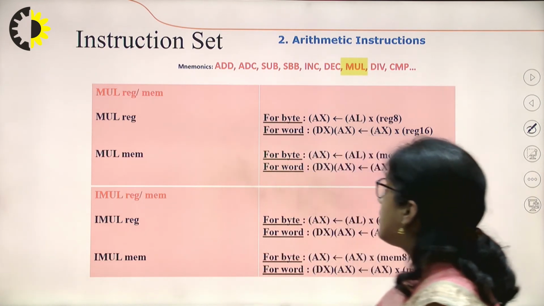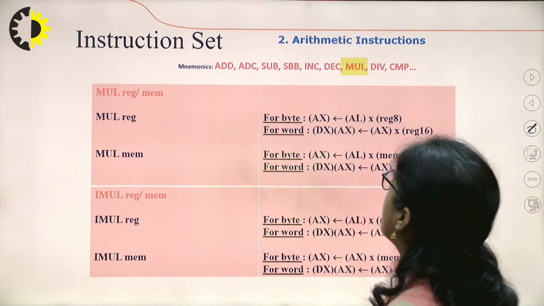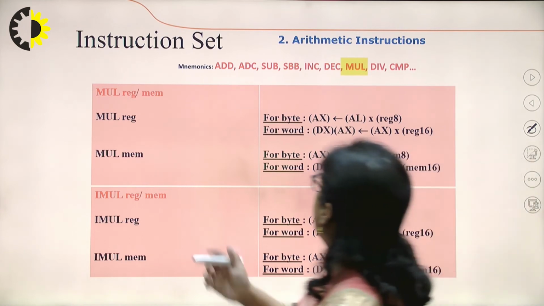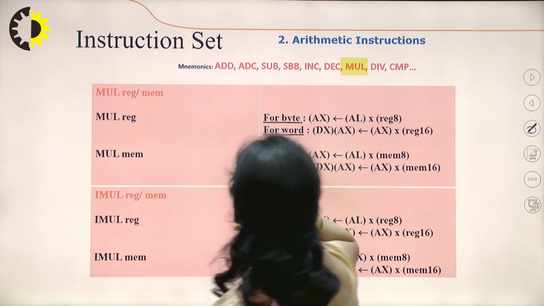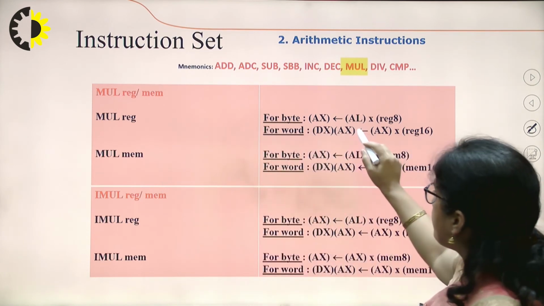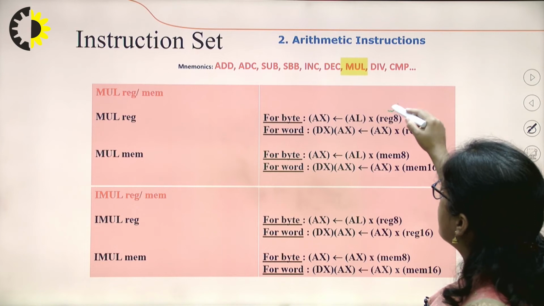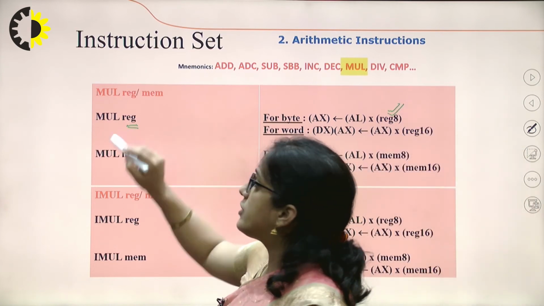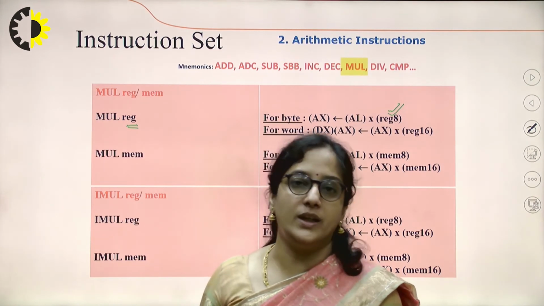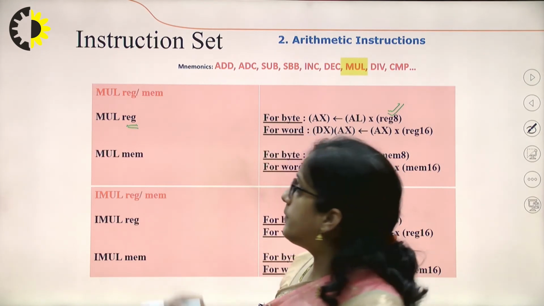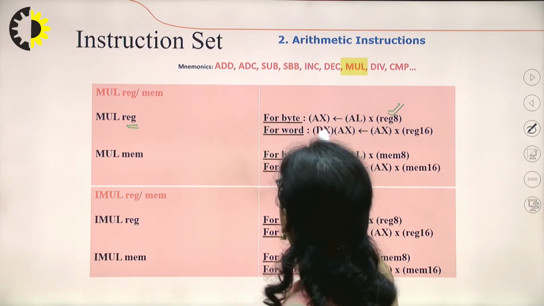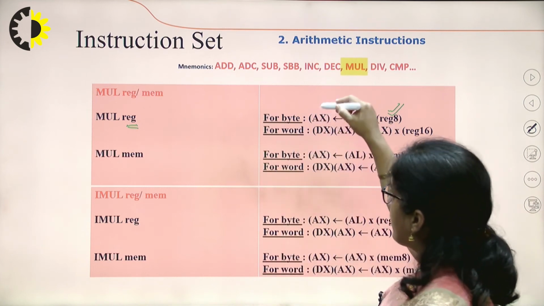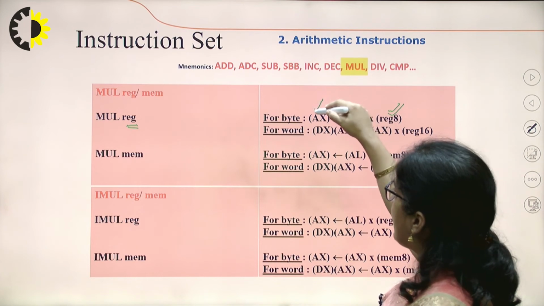The multiplication is by default of the content of the accumulator with whatever register we specify. We specify one source, and the other must be the accumulator. If we are performing an 8-bit multiplication, then the result after multiplication will be stored in AX.